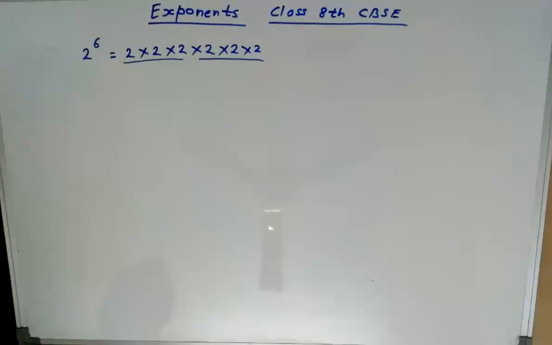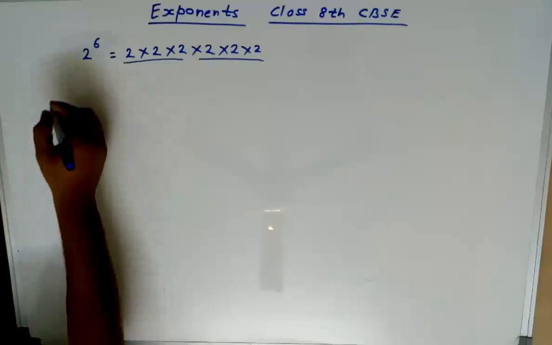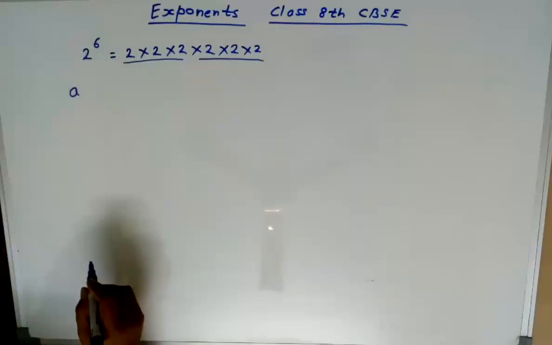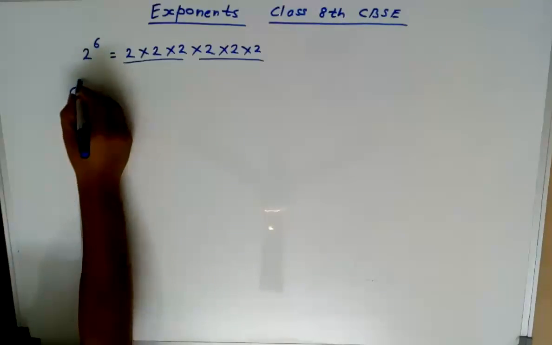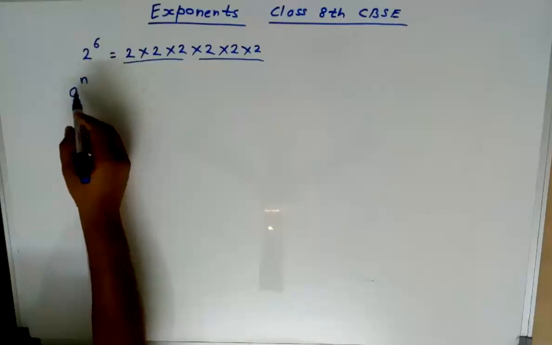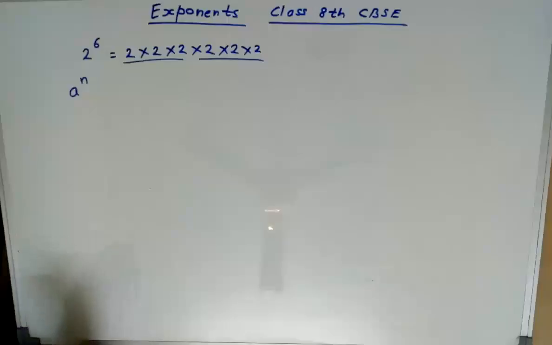So exponent is the power of any number. In general form we can write, there is a number a and its power is n, then n is the exponent of number a.